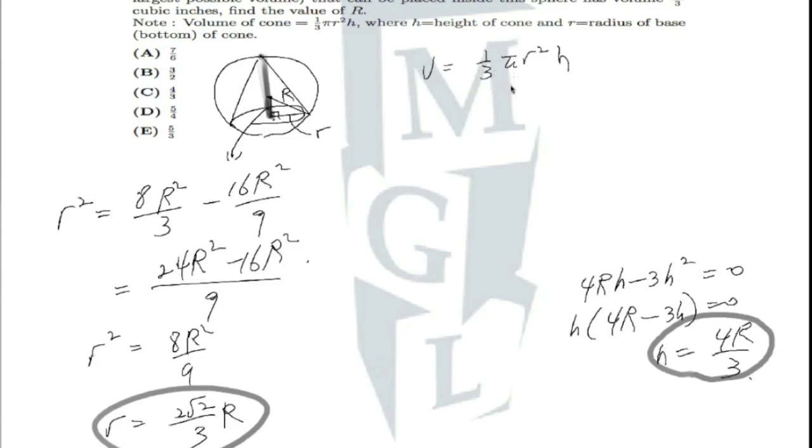Now we can go back to the original cone formula and let's plug in all the information. Okay, so if we plug in the small r and the h, and the volume is given to be 4 pi over 3 right here, right? You can see that the only unknown that we have is going to be big R. So let's do that.